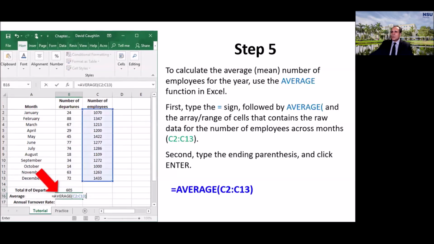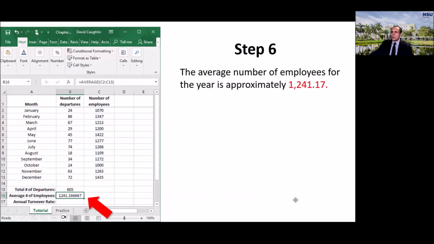And then on to looking at the average number of employees for the year. In this case, you would put an equal sign in the Excel cell, followed by AVERAGE, and then mark C2 through C13 for months of January through December. When you hit enter, it should give you the total average of 1,241 employees approximately.